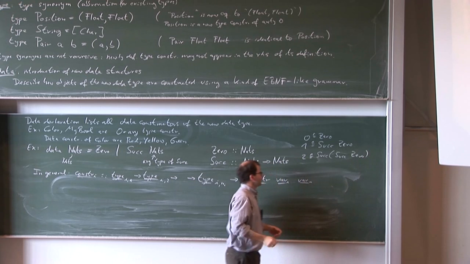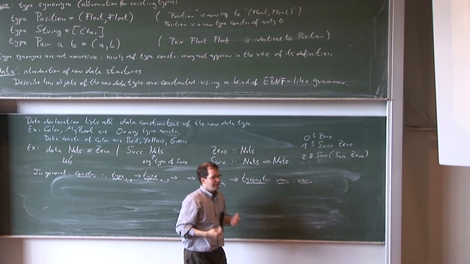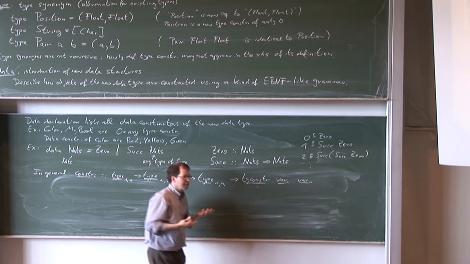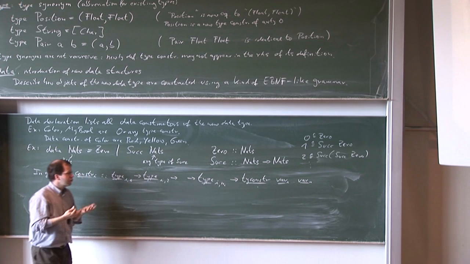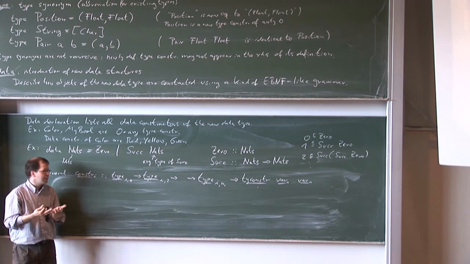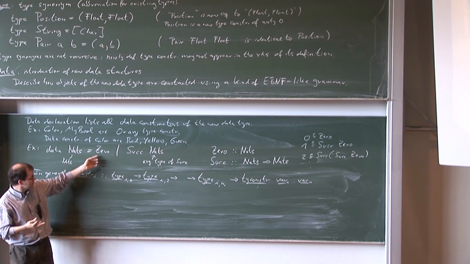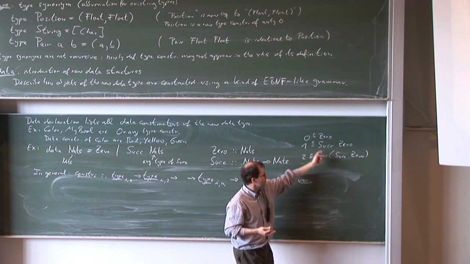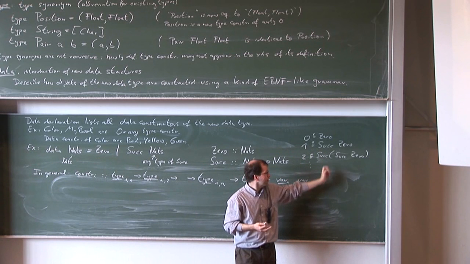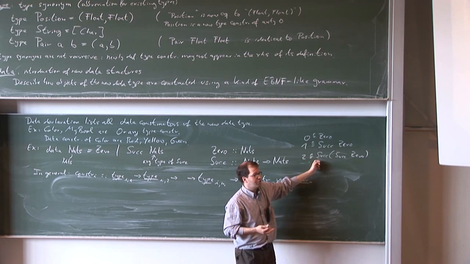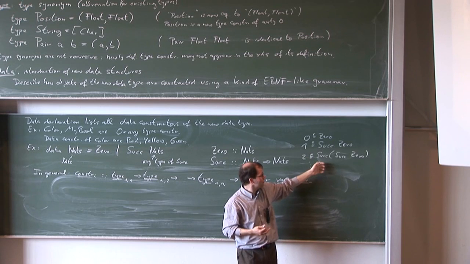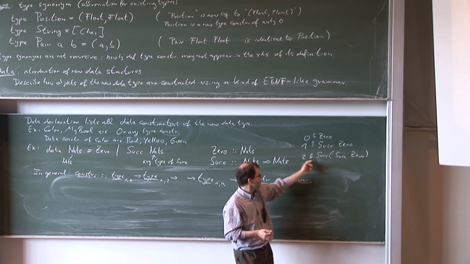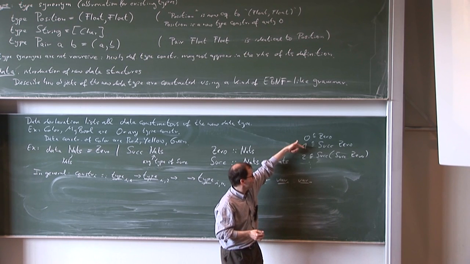So in other words, the data objects of such a data structure are the terms that you can build with the data constructors. Now, the terms that you can build with 0 and suc are just these: 0, suc of 0, suc of suc of 0, and so on. And so these are the data objects. And these data objects look like natural numbers. Instead of suc 0, you could also think of 1.